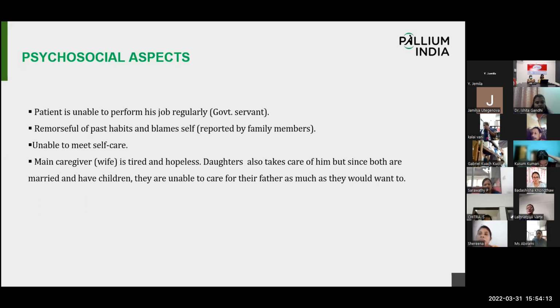The main caregiver, his wife, is tired and hopeless due to the diagnosis and the prognosis, because they have been explained about the prognosis of the patient's condition. Daughters also take care of him, but since both are already married and have children, they are unable to take care of their father as much as they would want to.